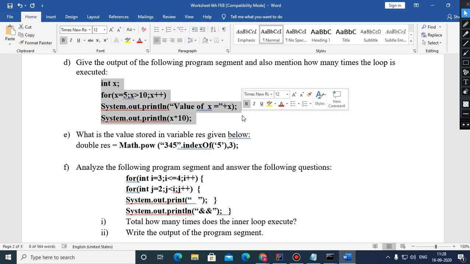Int x, hurry up children. Yes, hurry up. First line is x is equals to 5.